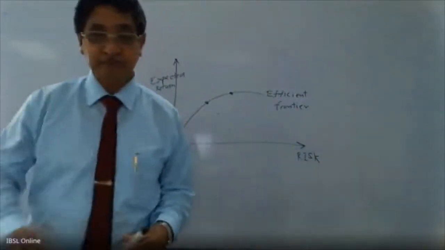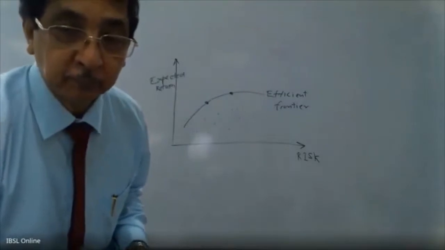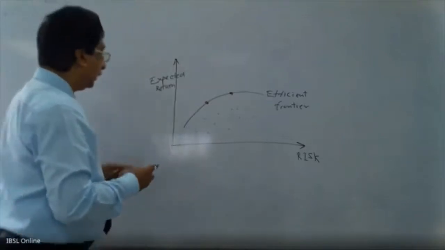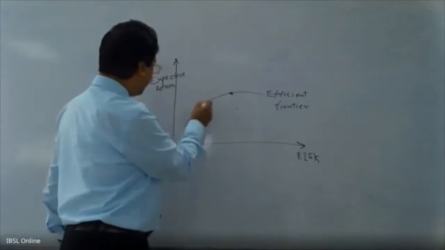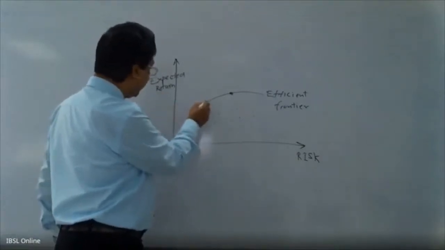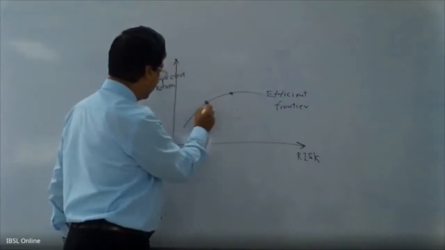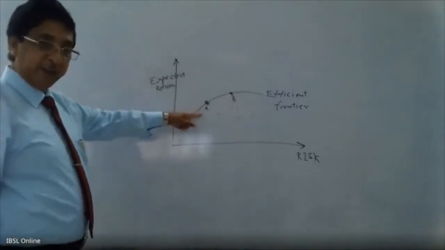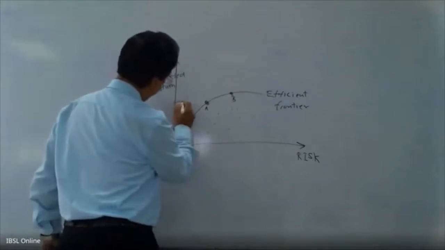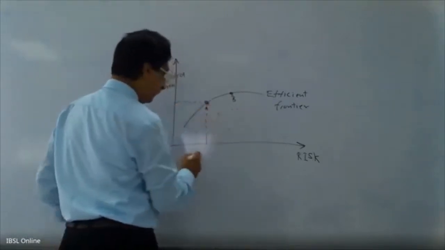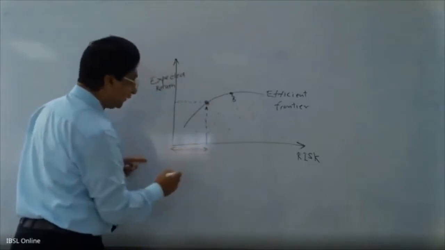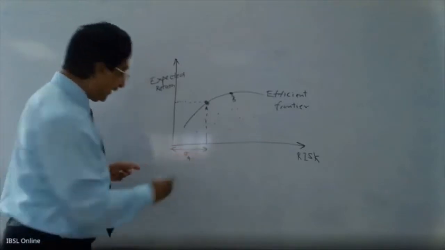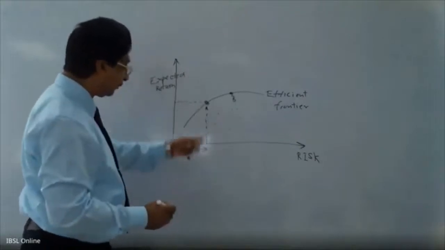And at the same time, now you can just see, if you take this particular portfolio, say portfolio A, and this is portfolio B. If you take portfolio A, this is the amount of risk, or we can put it as sigma A. It is the risk of this portfolio.